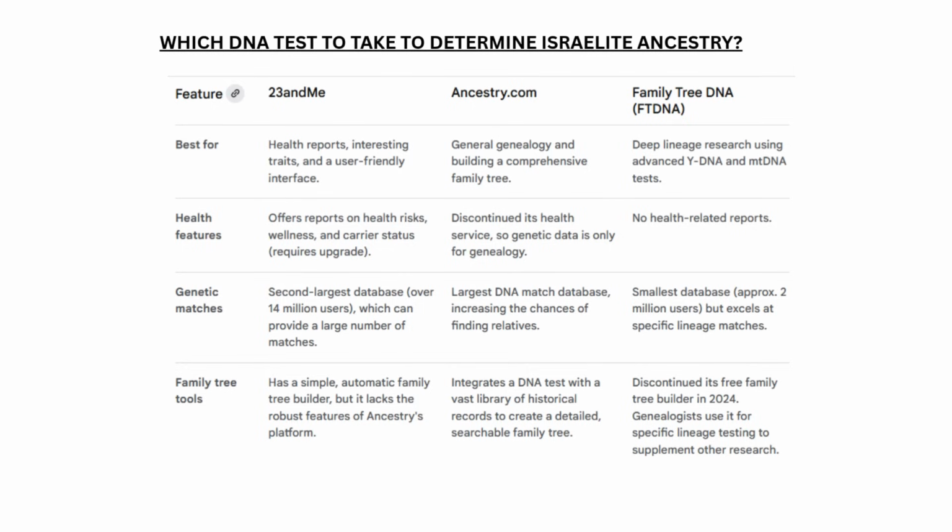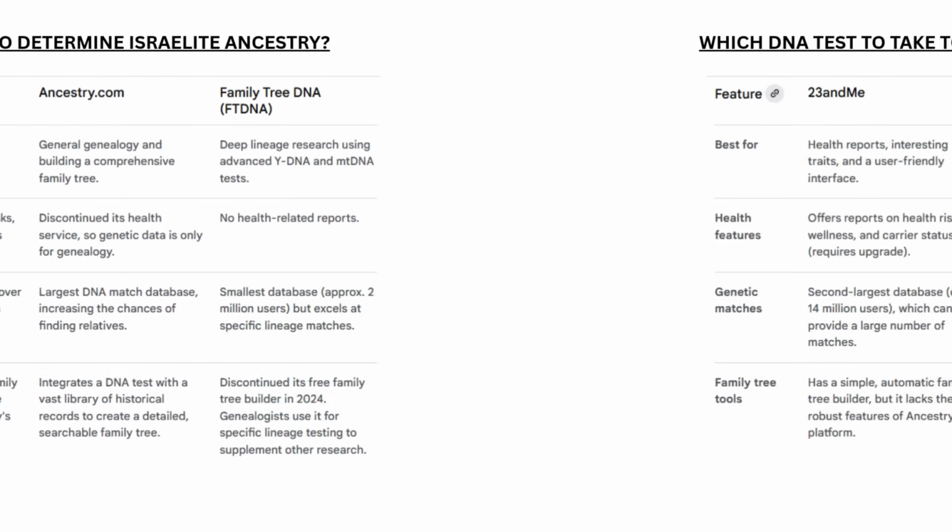So don't be disheartened if you do this test, you do matches, and maybe it's not as informative as the example I showed from my test. As long as you're E1B1A, that in itself demonstrates Israelite ancestry, and what the specifics look like beyond that, you might be able to glean further details.